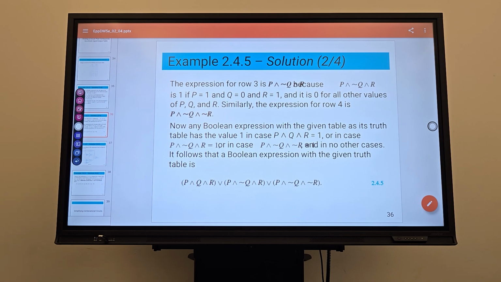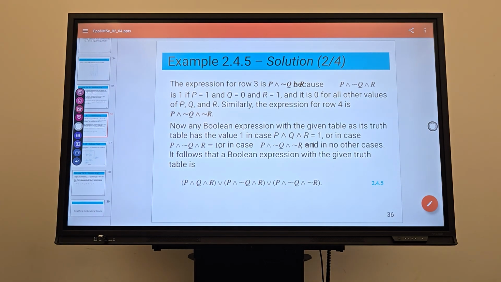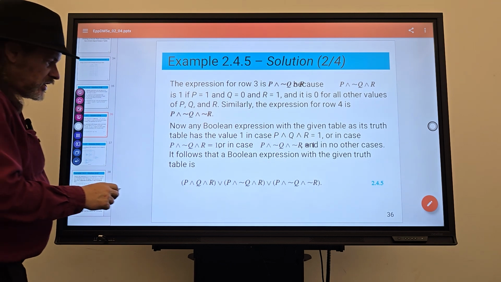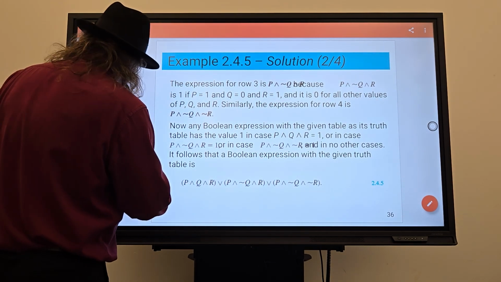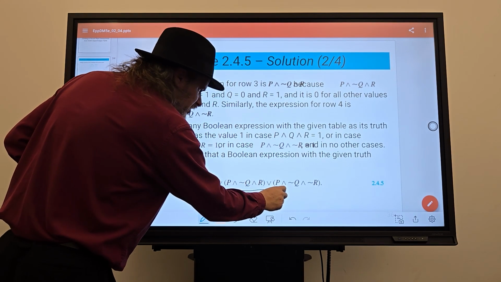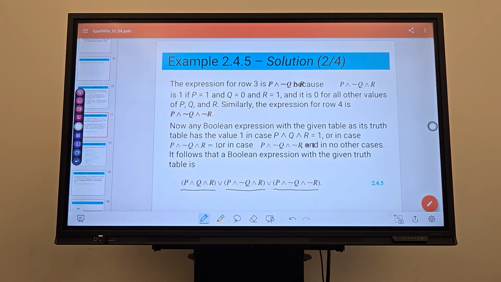Then you link these AND operations together with OR operations, because you want a high output for the high output on row 1, or the high output on row 3, or the high output on row 4. So you have ANDs in parentheses with ORs between them.